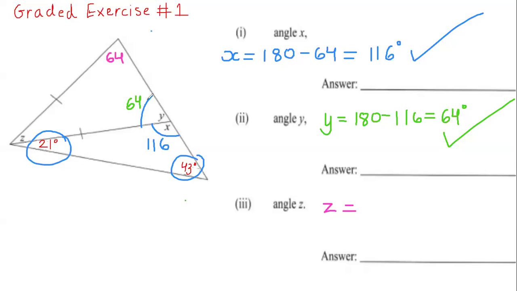When you add them, what do you get? 128. So we say 180 minus 128 equals 52. Are y'all sure? Yes, sir. It's equal to 52 degrees.